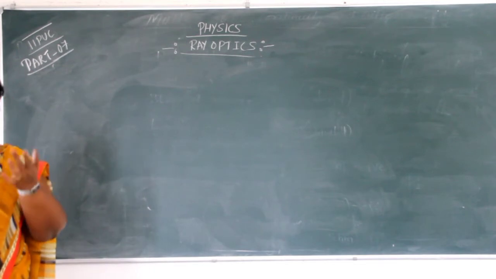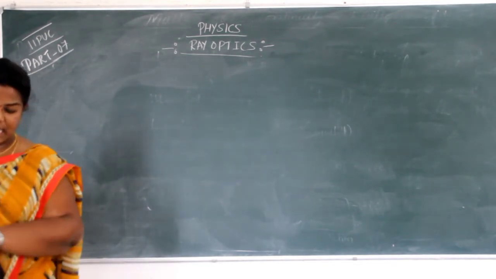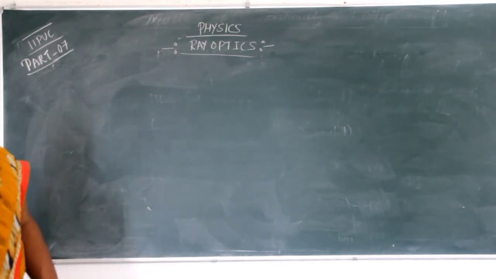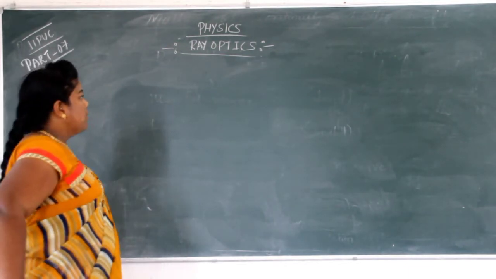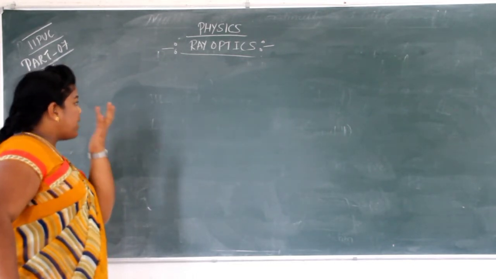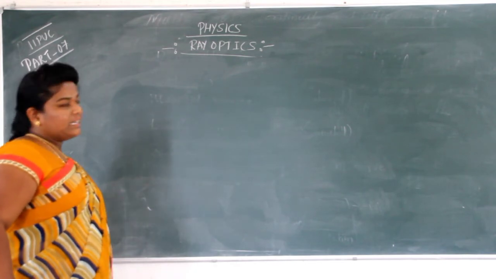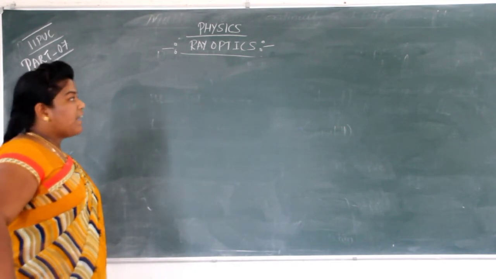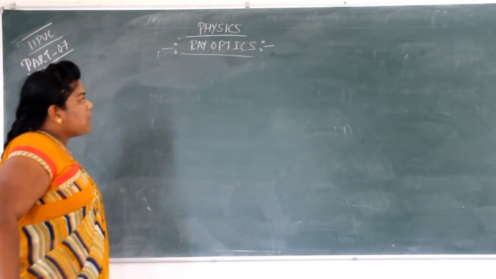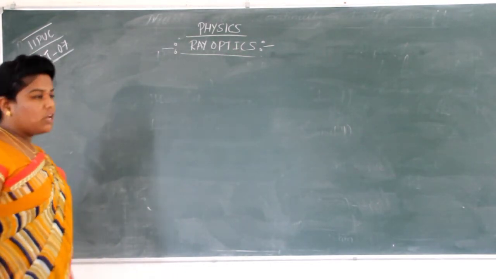Dear students, we should also discuss how the convex lens and the concave lens form images. To discuss that, we can write n number of ray diagrams. So let us see. Before going to that, I just want to explain the effective focal length, the equivalent focal length of a combination of lenses.